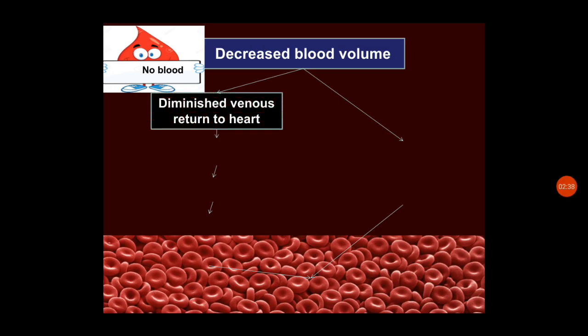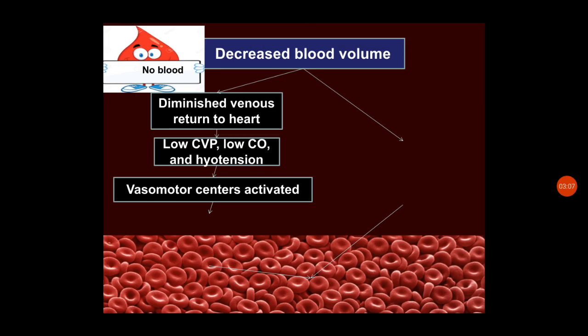This leads to diminished venous return to the heart, especially in distributive and cardiogenic shock, and hypovolemia also. In that situation, there will be low central venous pressure, low cardiac output, and hypotension.